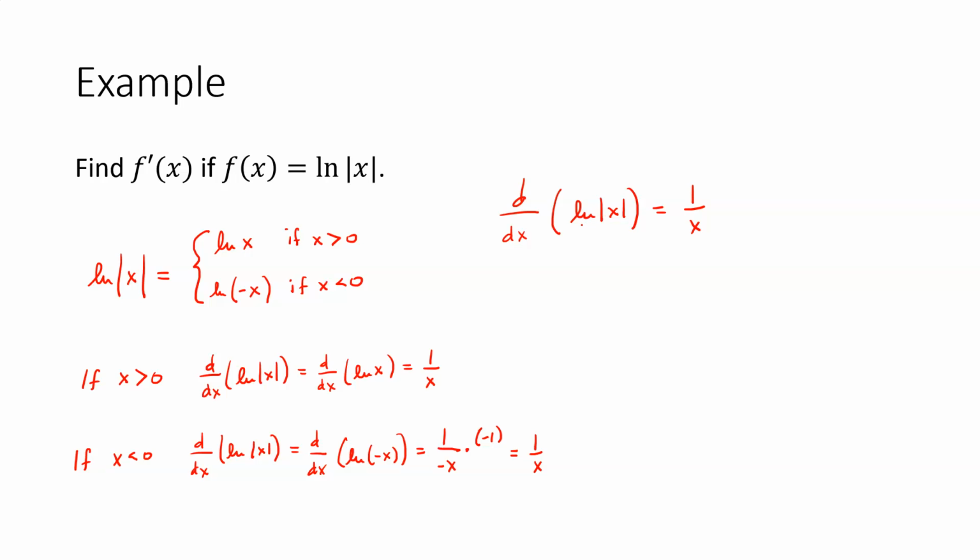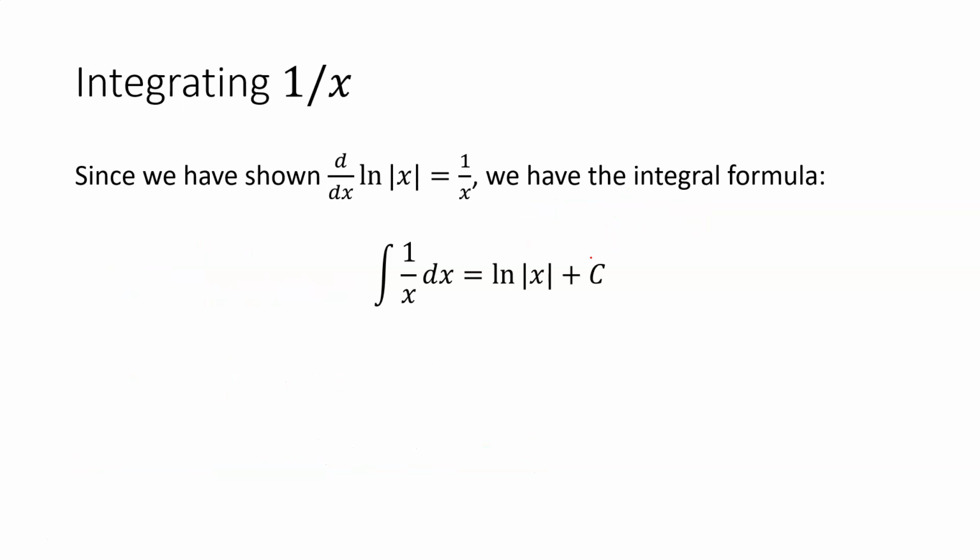So notice that this ln, when I put the absolute value on the x, can take any positive number or any negative number as its input. The only value that's not allowed is x equal to 0. So that allows us to get a more general antiderivative formula for 1 over x.